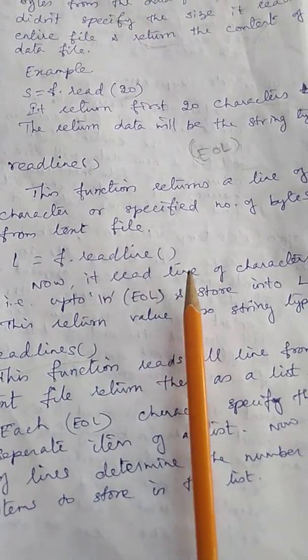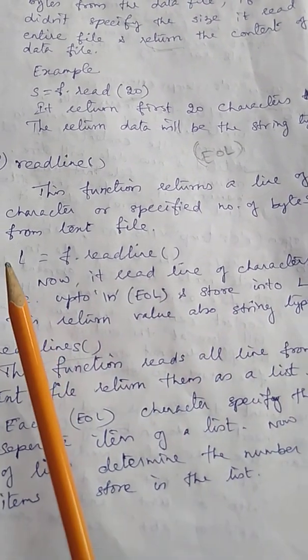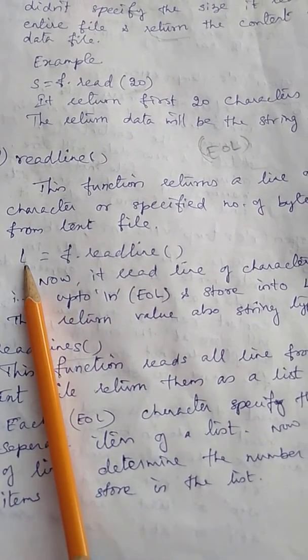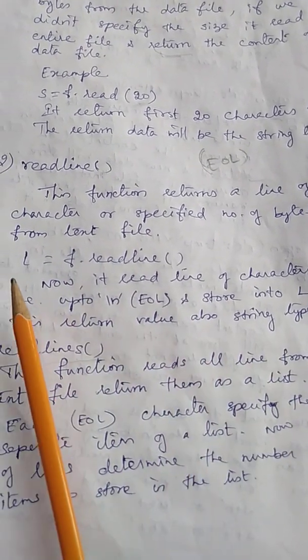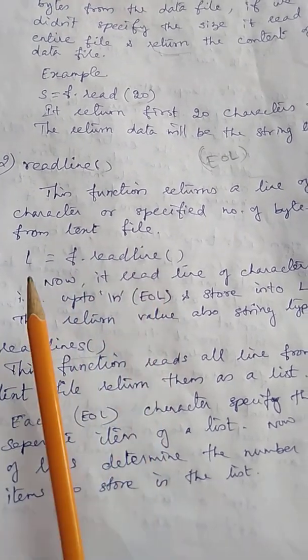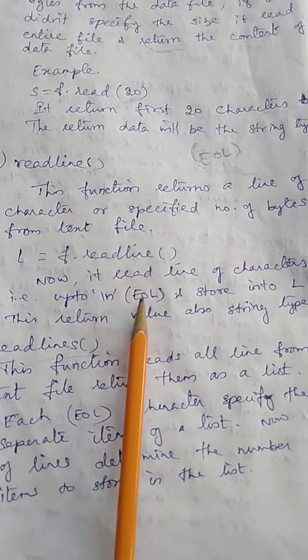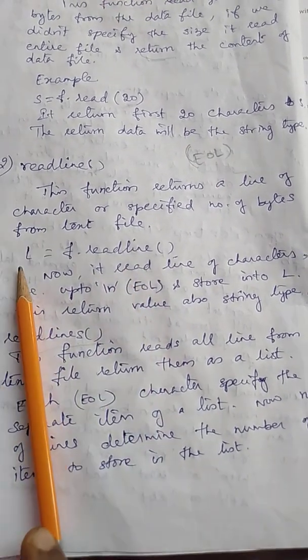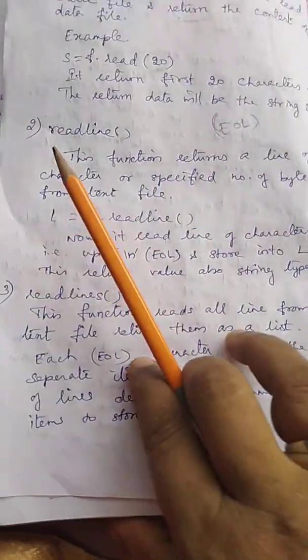So now it reads a line of characters up to this end of line and stores it into the variable called L. It is stored as string type data. The L is going to get the value as a string, that is a set of characters up to this \n, that is the end of line character. Okay, one single line will be read. By using this readline, we can read line by line of the data file.